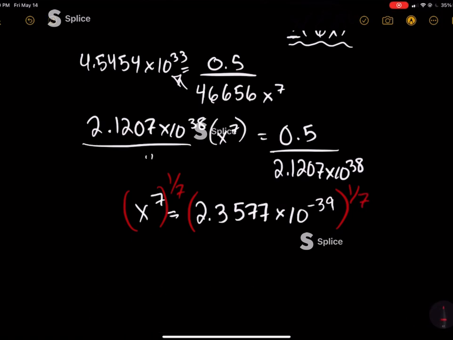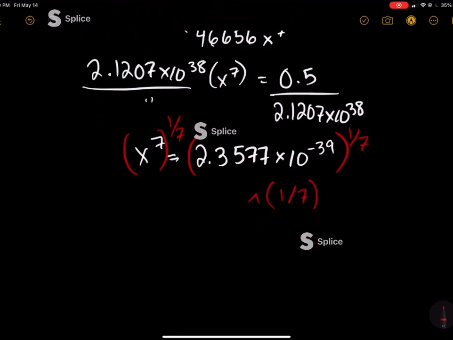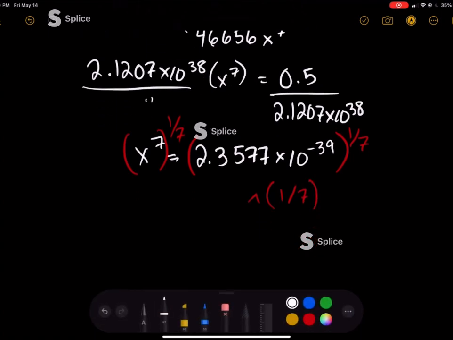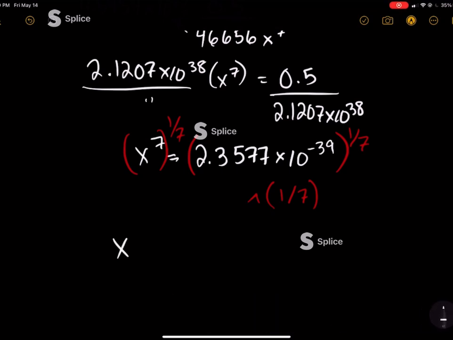So in your calculator, do the caret, and then parentheses 1 divided by 7, close parentheses. Otherwise, it will put it to the first power and then divide that number by 7. So that gives us a final value of x equals 3.0324 times 10 to the negative 6th.